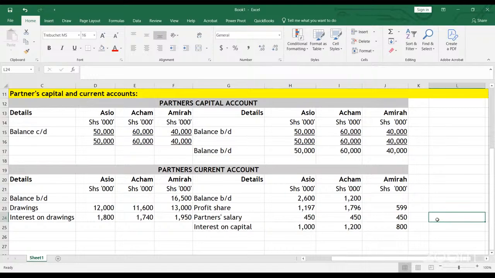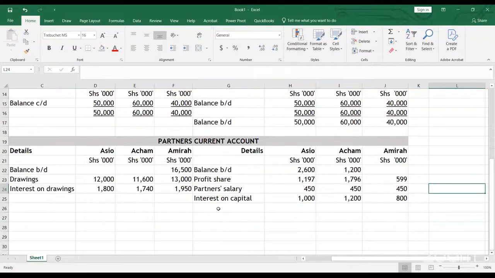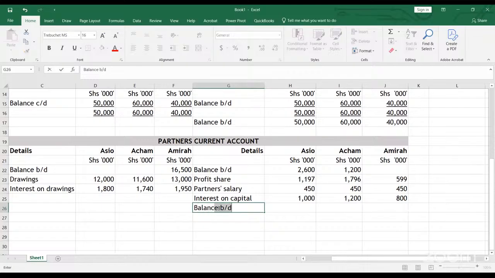Let us balance because the debit side is greater than the credit. So it means that the balance carried down is going to be on the credit because they are taking more money from the business. So their balances are negatives according to this account.